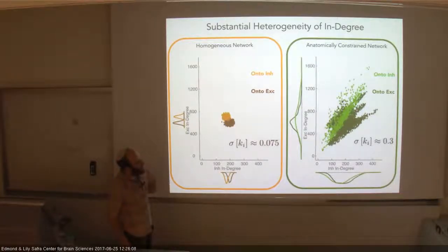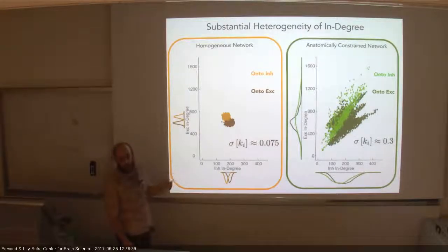The standard deviation of the relative in degree was 0.3, about a third of the mean, as opposed to what would happen if we had a random graph. So the data deviates significantly from a random graph. The prime reasons for that are, first, the soma density is non-uniform within the space, so there are thicker regions and less thick regions where there are more cells.